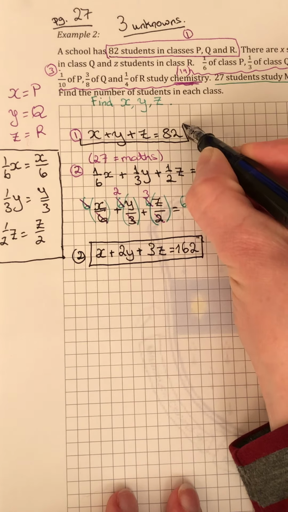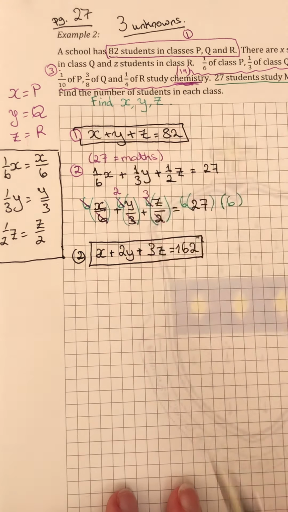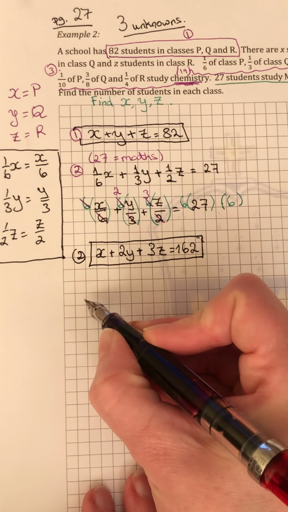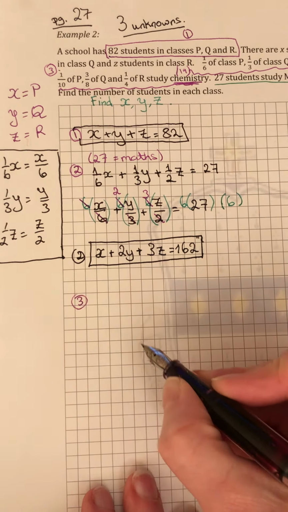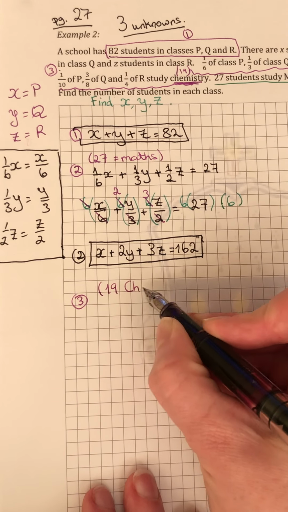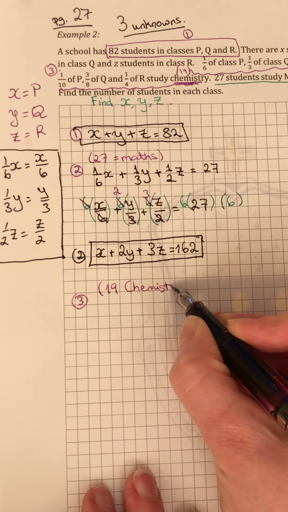I already have my equation 1. Now, the third piece of information came from the chemistry class. And we were told that there are 19 students studying chemistry.